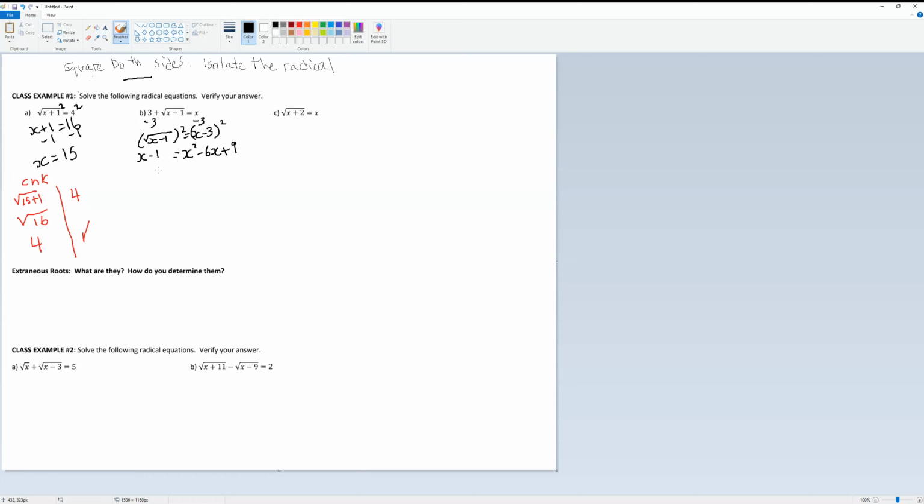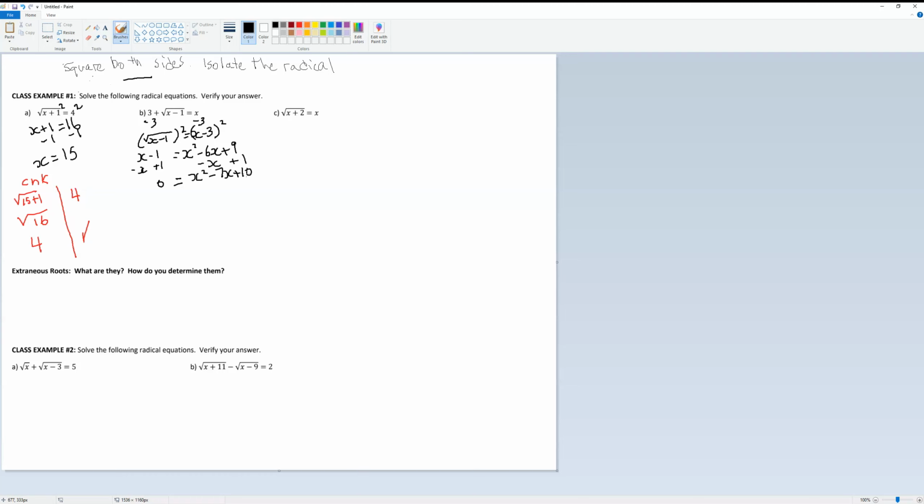Okay, so I'll move the x's and the 1 over here. So I'm going to subtract an x and add a 1. So I'll get 0 on this side equal to x squared minus 7x plus 10. Now this is a quadratic, so we're going to factor that.